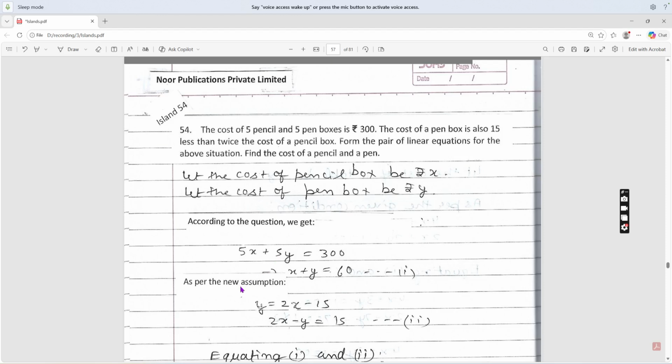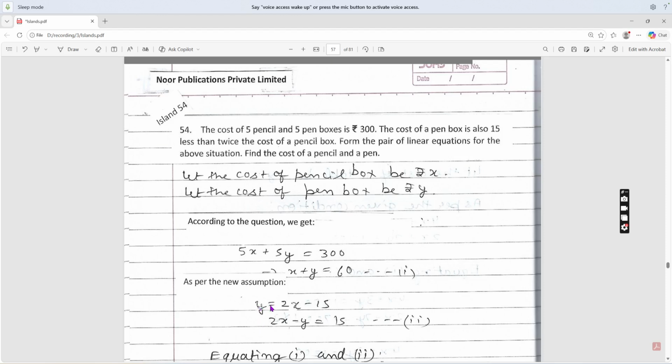Now, as per the new condition, this is very crucial. Just see very carefully the next condition. The cost of a pen box is, on the LHS we have to put the cost of the pen box, which is y.